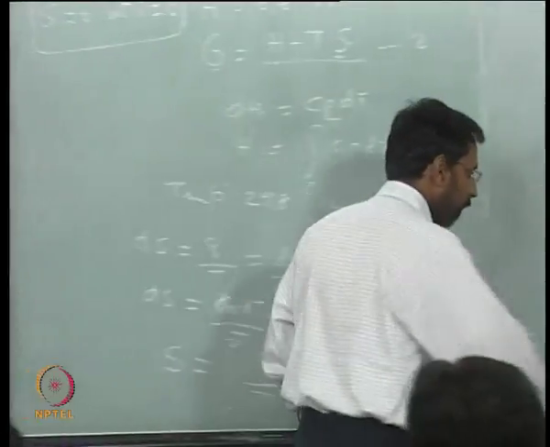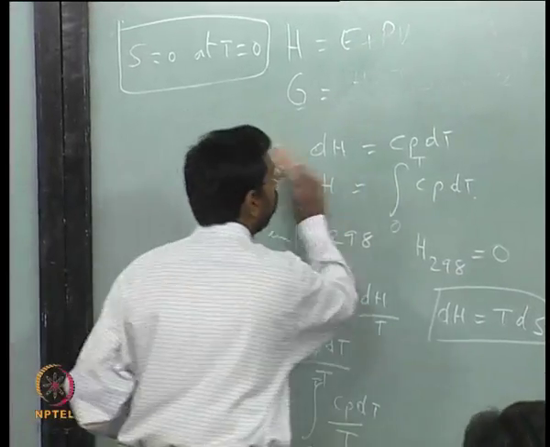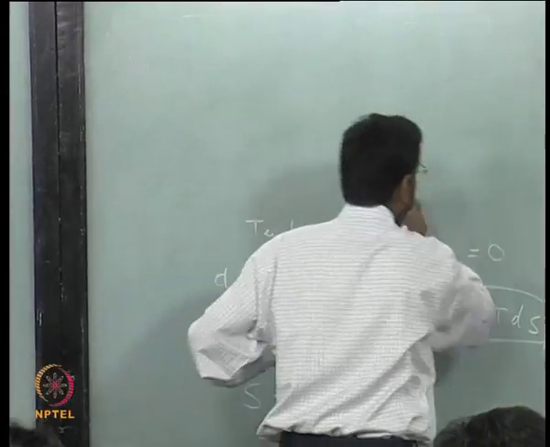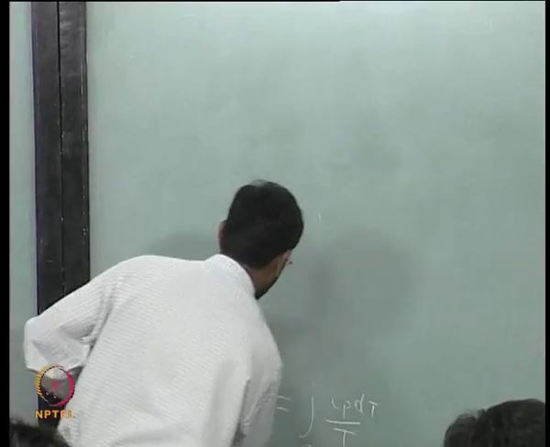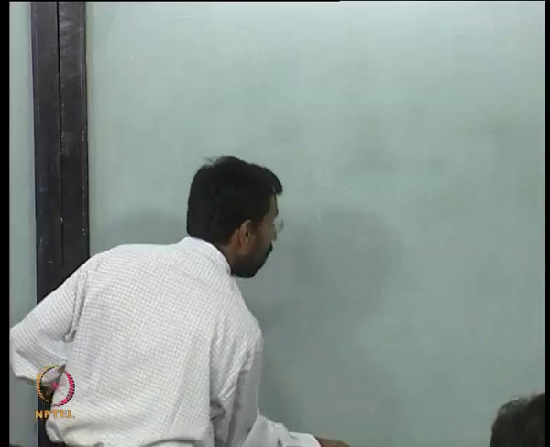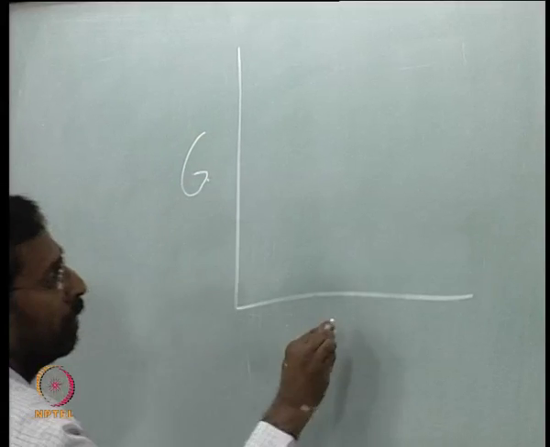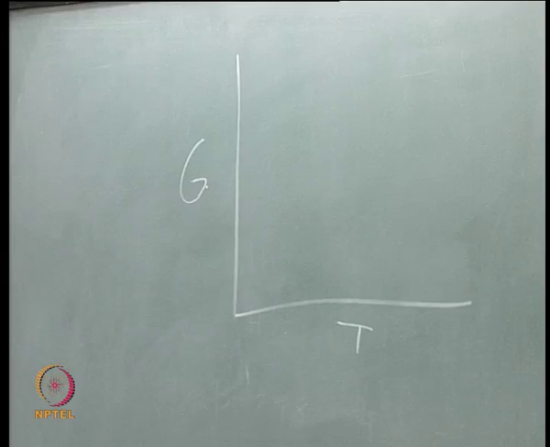let's delete this, because this we have gone through. I am sure you are aware of this. So if we now plot G versus T, how should the free energy curve look like?